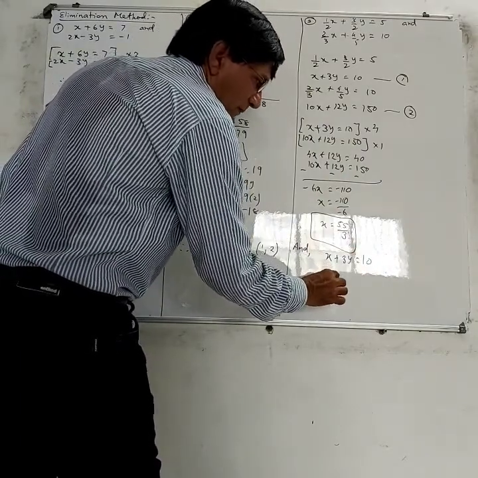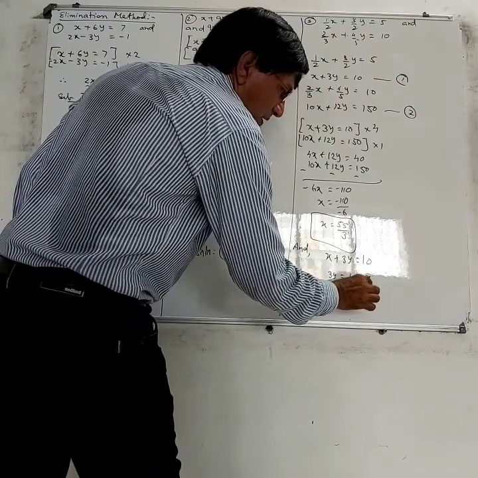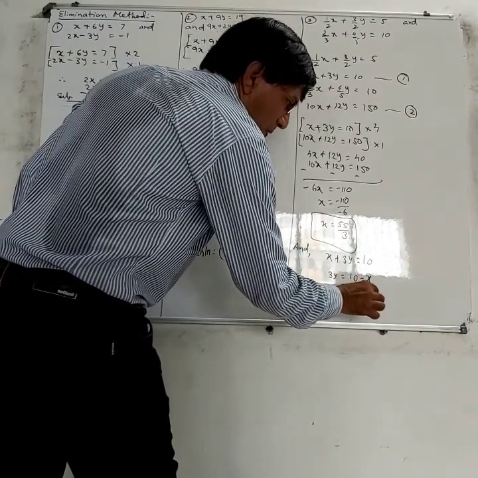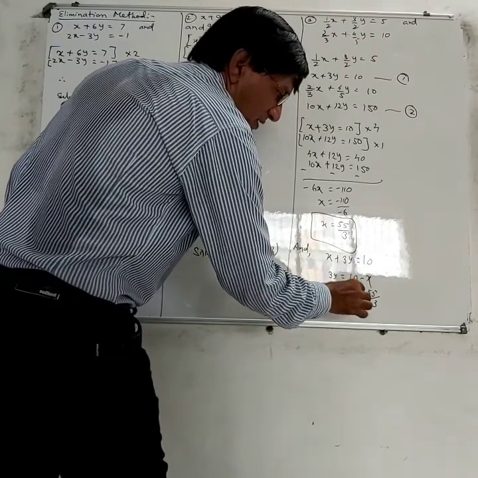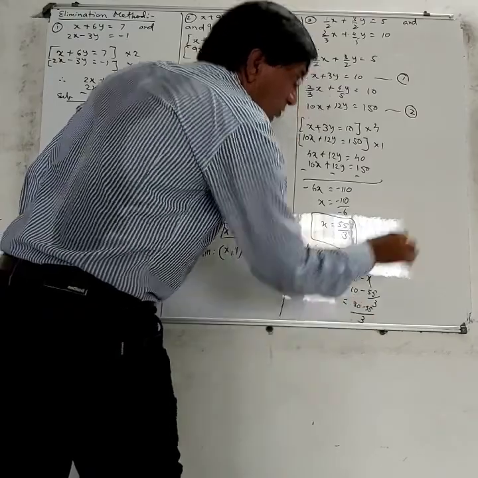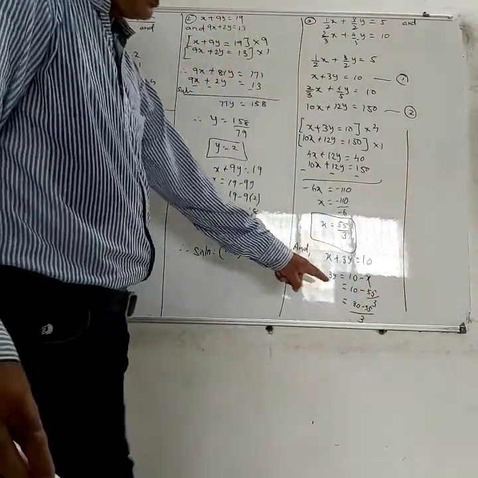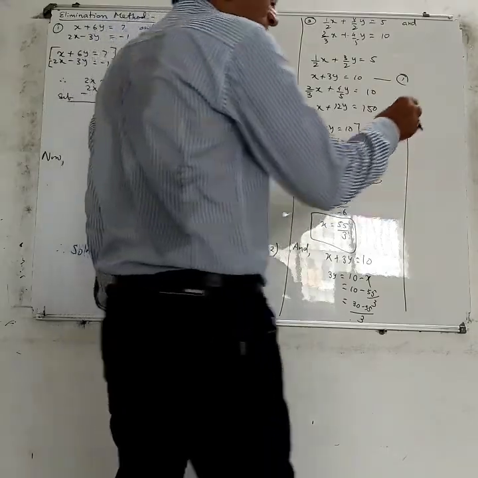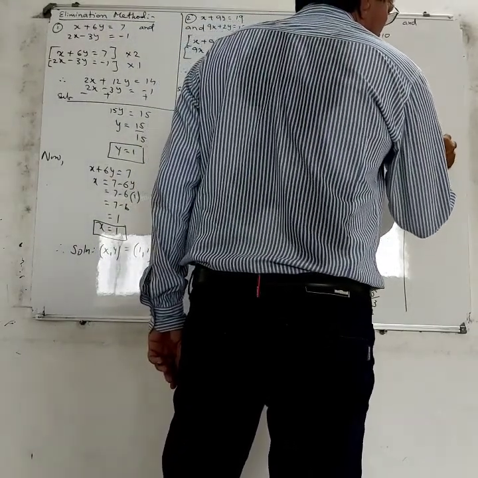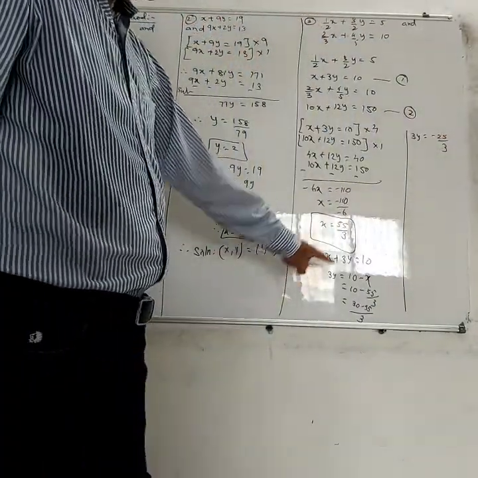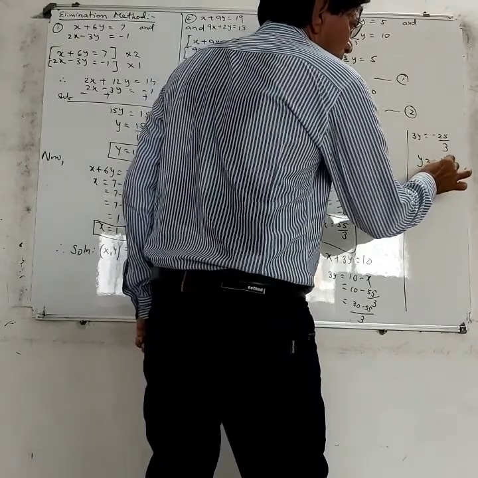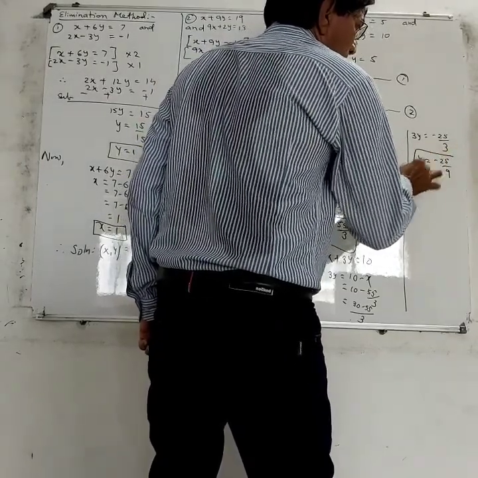Therefore, 3y is equal to 10 minus x, and x is 55 upon 3. 3 times 10 is 30, so 30 minus 55 upon 3. 30 minus 55 is minus 25, so 3y is equal to minus 25 upon 3. 3 times 3 is 9, and you get y equal to minus 25 upon 9.